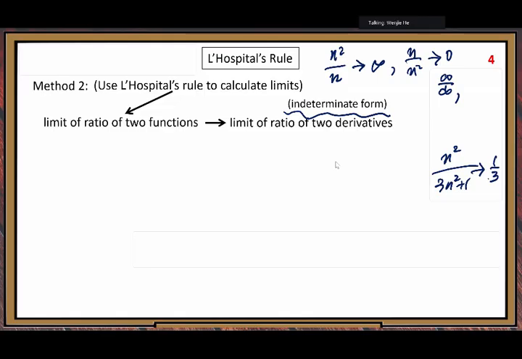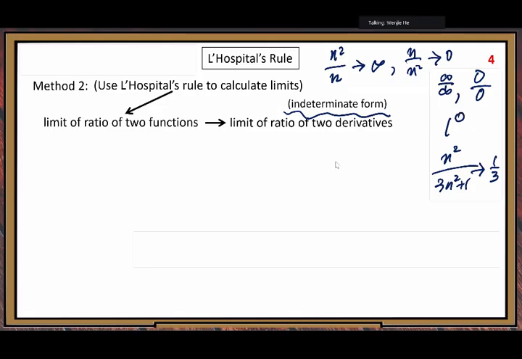And there are other indeterminate forms. For example, 0 over 0 is an indeterminate form; it could be anything. And some other indeterminate forms, for example, 1 to the infinity. Sorry, 1 to the infinity, not 1 to the 0.